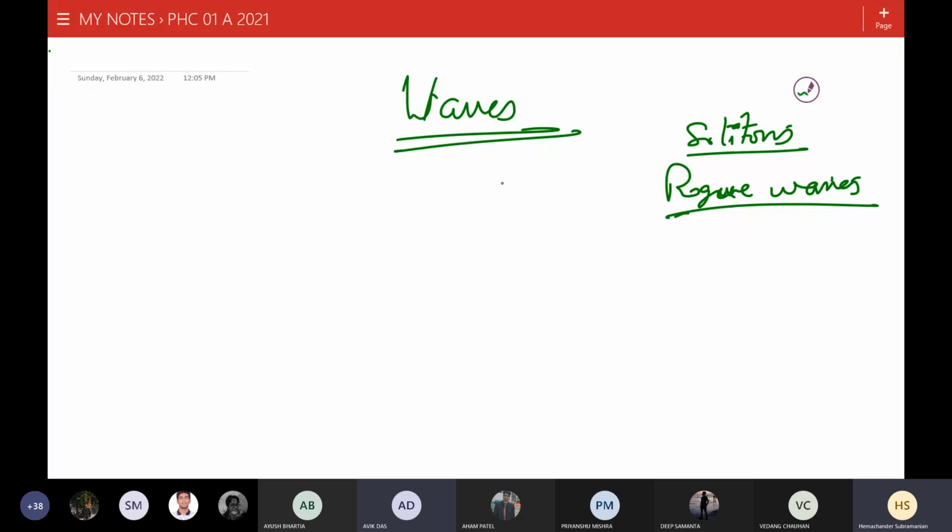Somewhere far away there is a storm brewing, and you get this rogue wave. These are huge waves that can topple ships, and this is also nonlinear behavior. We're not going to be looking at them, but they are way more interesting, obviously. We'll be looking at linear waves, which obey linear equations.